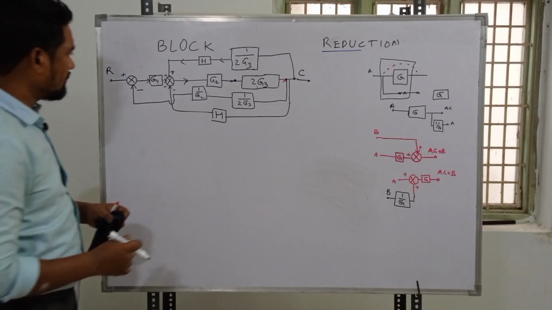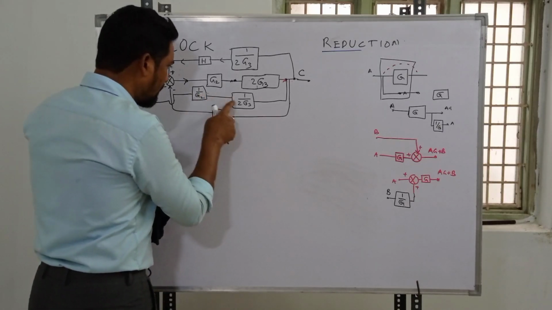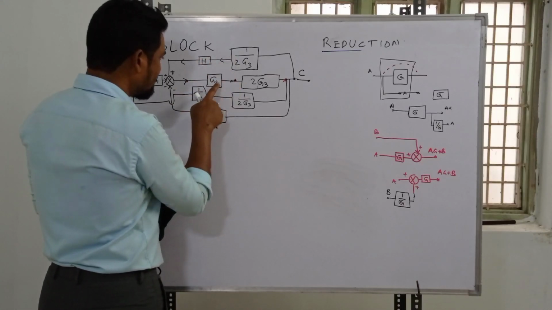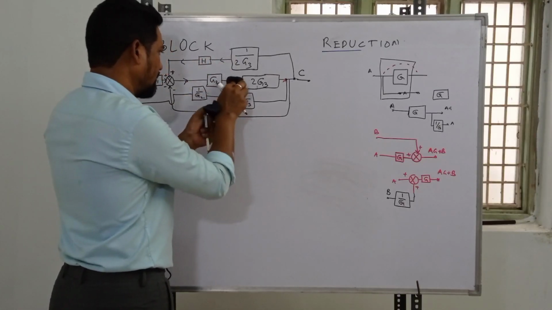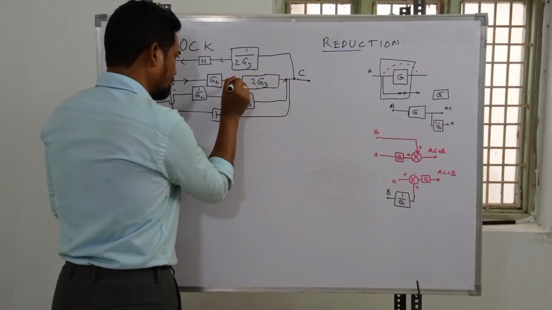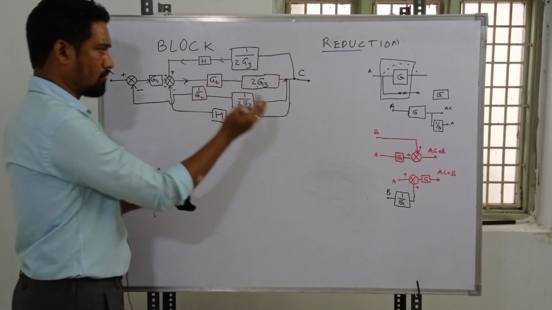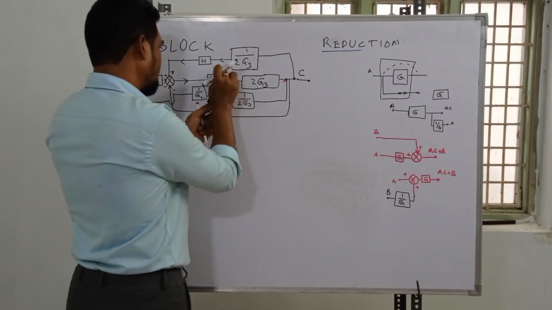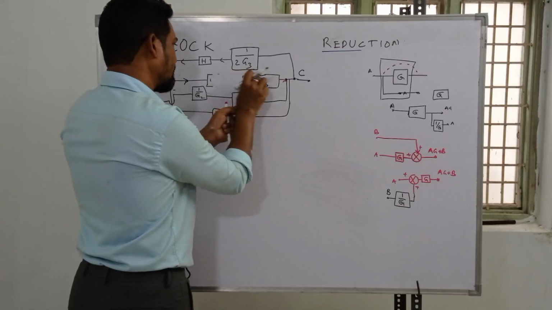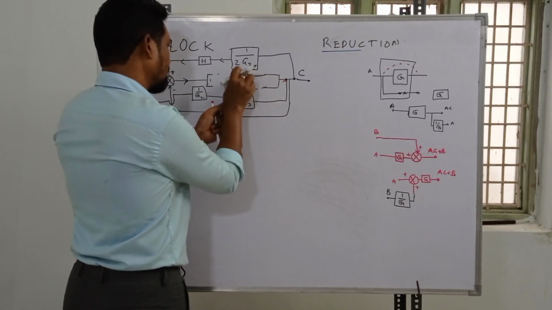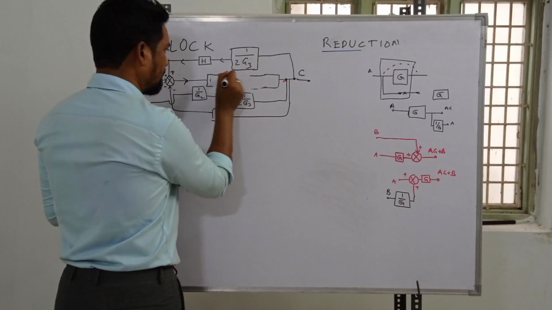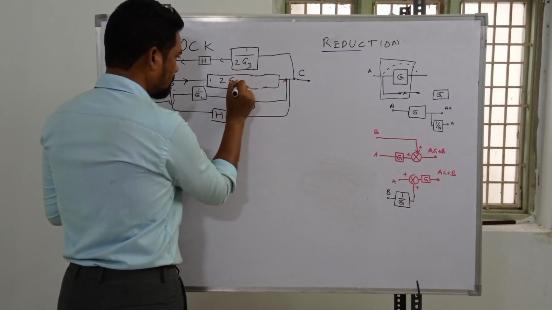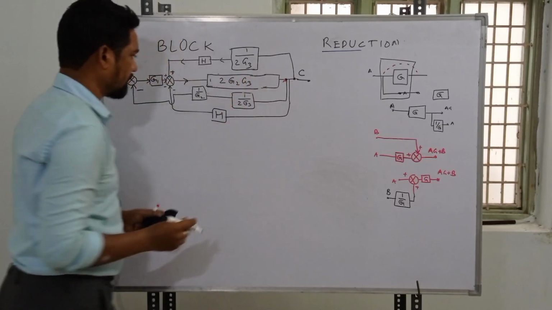See, nothing is in between this block and this block, nothing is in between this block and this block, and nothing is in between this block and this block. Why? Because we just shifted the takeoff point which was in between, making use of the reduction rule. So this can be combined into a single block, and the transmittance will be, if I'm not wrong, 2 G2 and G3 over here.